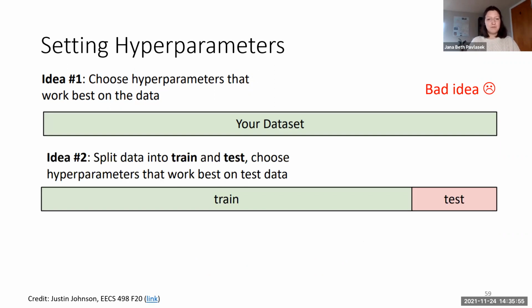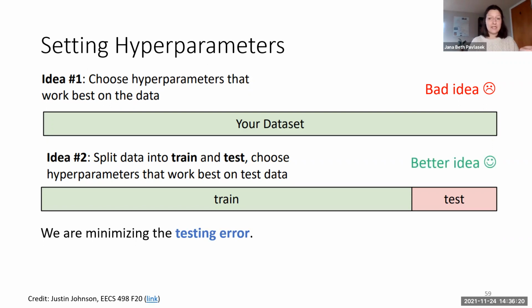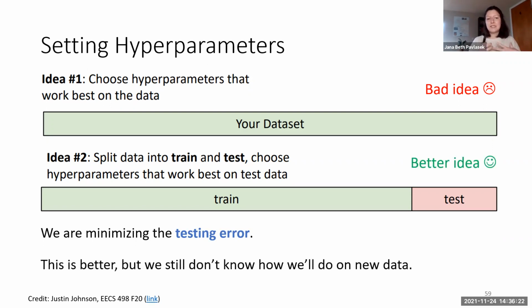Idea number 2 is we split up our data into train and test. We'll use all of our training data, evaluate on our testing data, and pick whatever hyperparameter works best at classifying our test data. That's a better idea. Here we're minimizing the testing error, so we'll pick whatever k gets the best testing error. But we still don't really know how well we're going to do on brand new data that we've never seen.